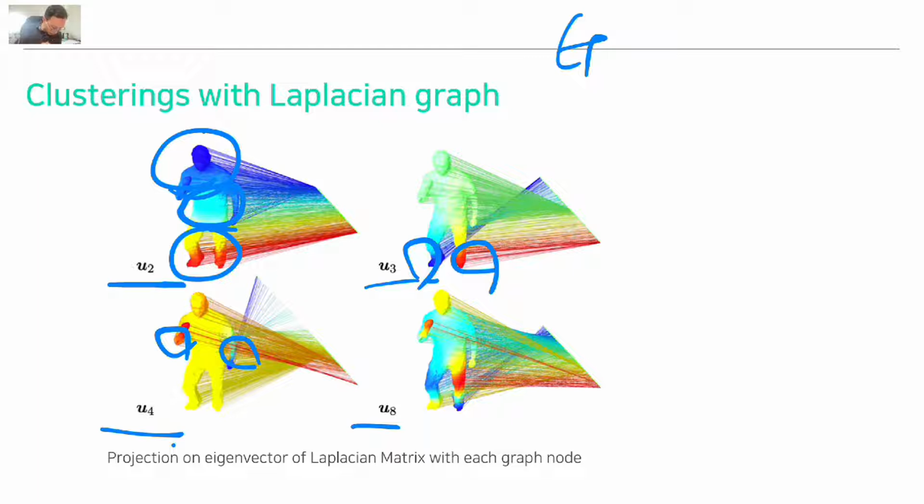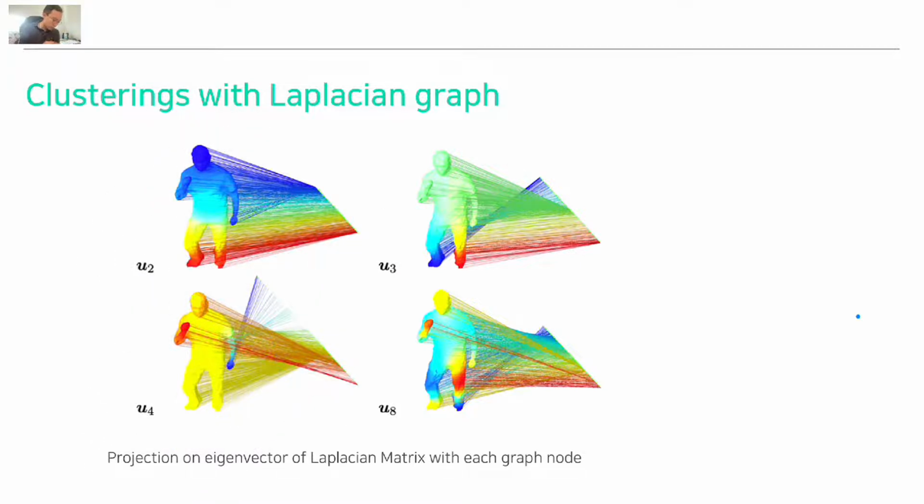U8 identifies this part, the knee. So the Laplacian matrix is very useful for human body detection. This is one of the use cases of the normalized graph, and many people have used graph data a lot for motion detection and clustering tasks.